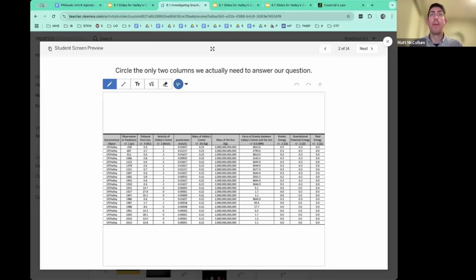In this case they can circle the distance from the sun, that third column, and the force between Halley's Comet and the sun. So we're trying to get students to parse out what in the data is most important, highlighting those two columns. Because the data is so big, on the next slide, go ahead.